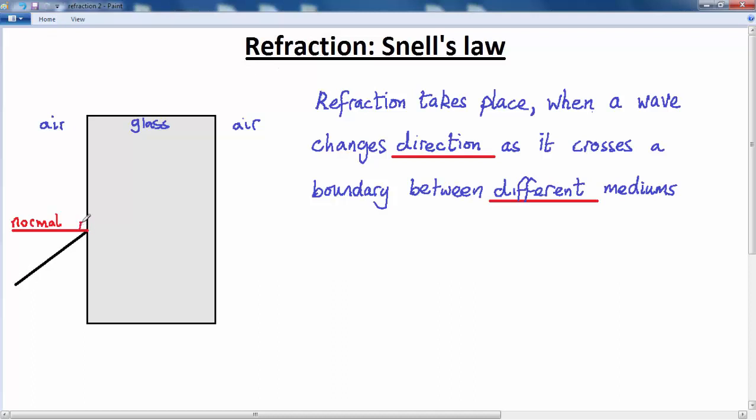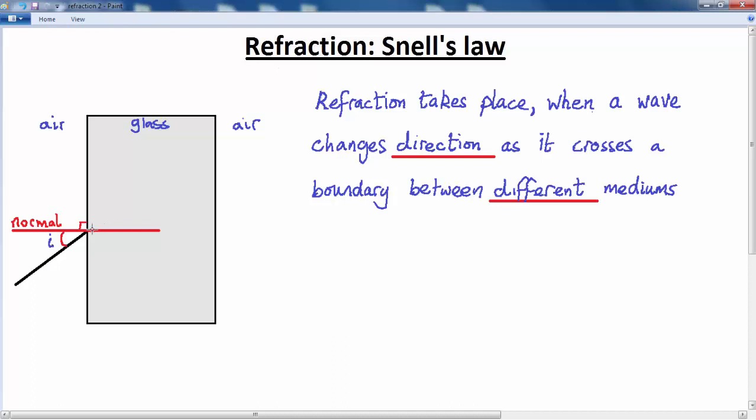So we'll write that there, that's perpendicular to that surface. And we're going to call the angle between the normal and the light ray there the angle of incidence, and we'll represent that with the letter I. Now I should point out that we'll extend the normal through the boundary like that, and as the ray passes across this boundary it then changes direction, that is refraction.